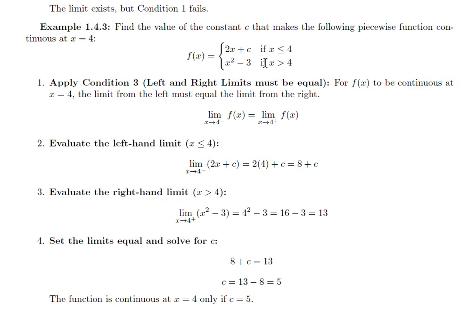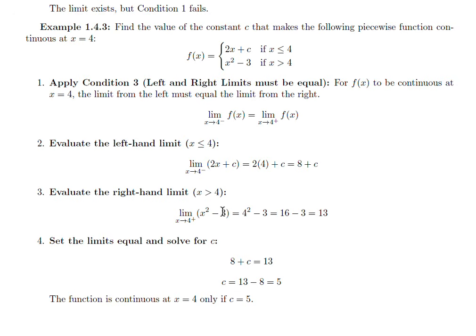So for the first function, the condition is that x is less than or equal to 4. Our function is 2x plus c. If we plug in 4 directly, because it's a polynomial, we'll have 8 plus c as our result. 8 plus c is defined as far as c is a constant. And then from the right, our function is x squared minus 3.